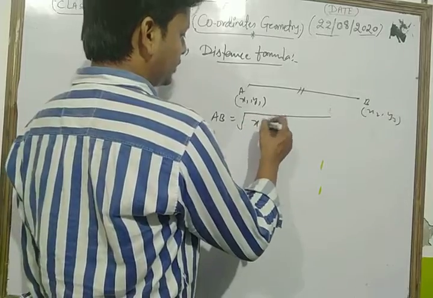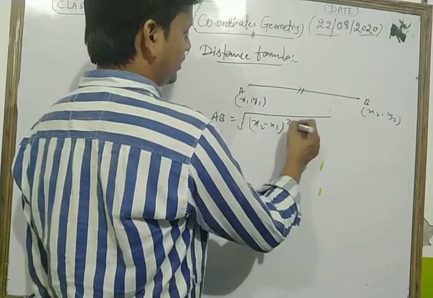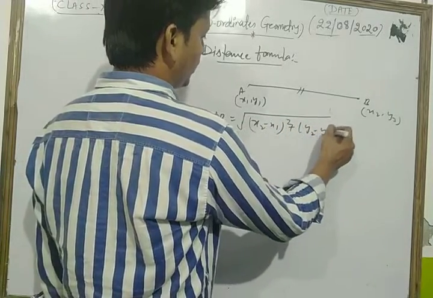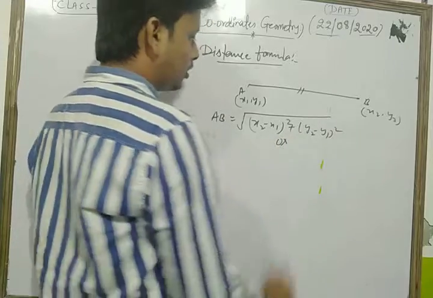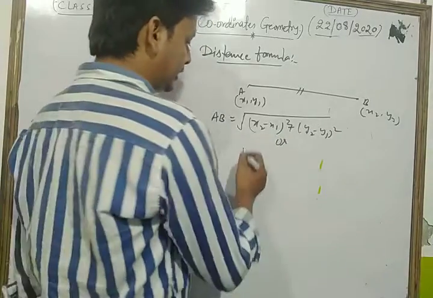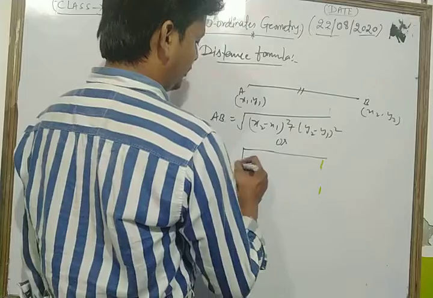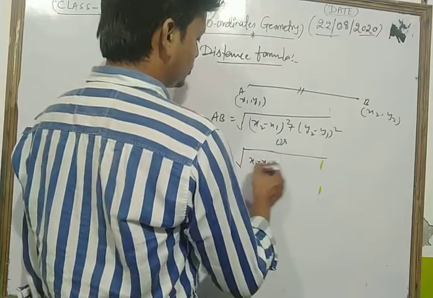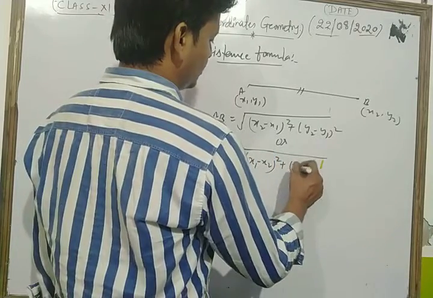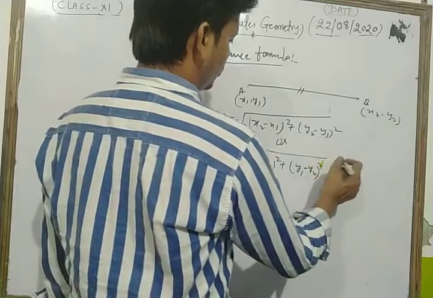You know that very well: AB equals the square root of (x2 minus x1) whole square plus (y2 minus y1) whole square, or we can write this formula in this way also: (x1 minus x2) whole square plus (y1 minus y2) whole square.